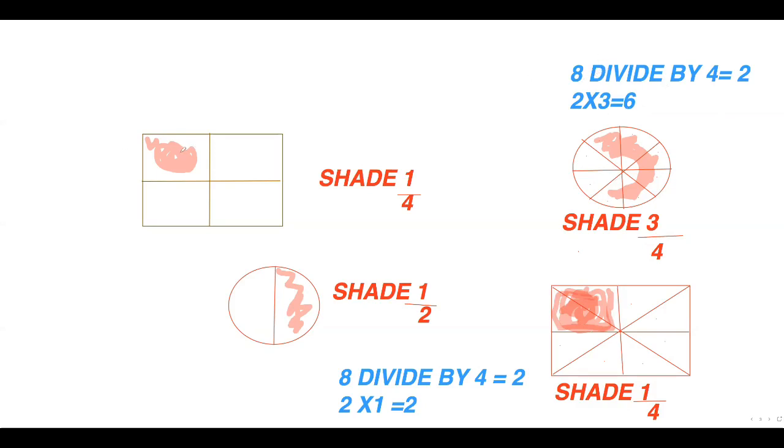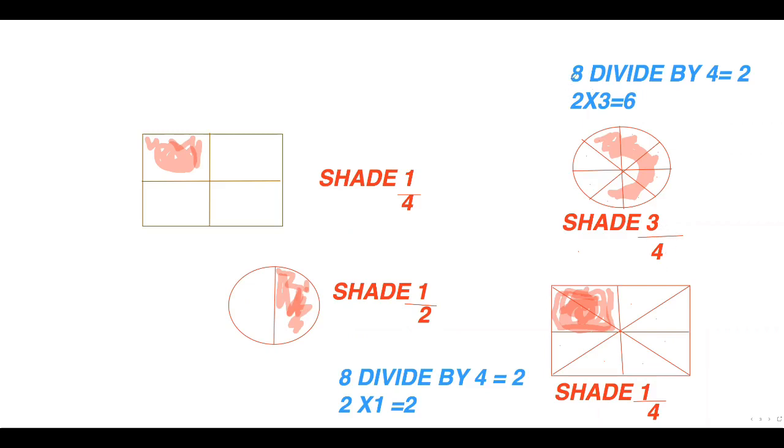So here we had 4 slices of pizza. And it told us that we ate 1 slice, so we shaded 1 slice. Here we had 2 slices and we ate 1, so we shaded 1. This one, there were 8 slices, but it told us to shade only 3/4.